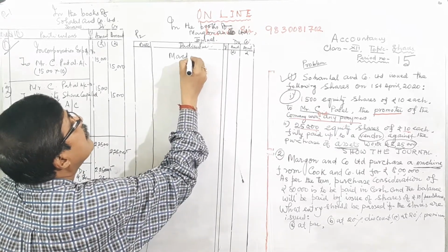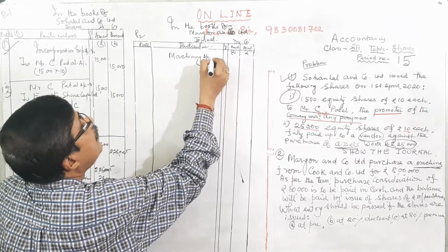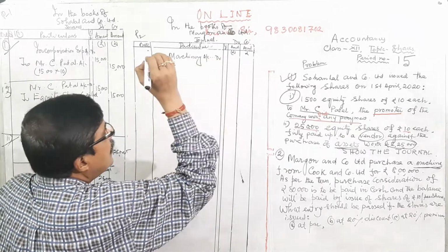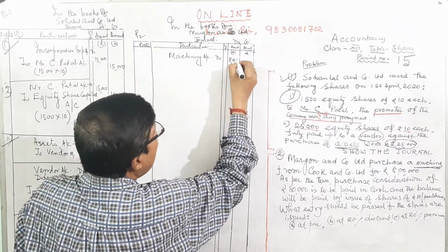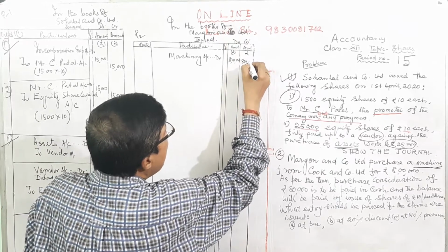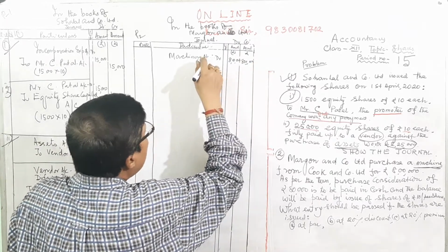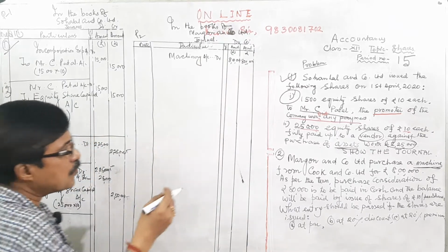Machinery account debit. How much? The machine value is 8 lakh. So we are debiting machinery, that is a real account, and crediting the giver, that is the vendor.